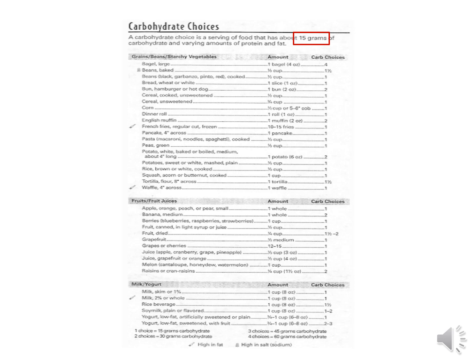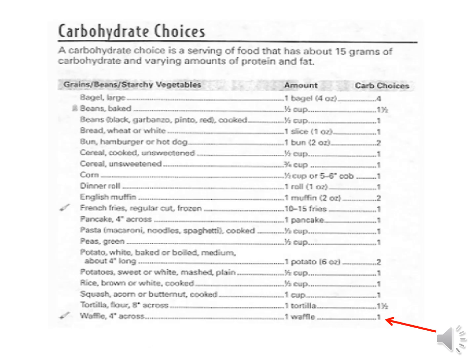And as you notice up there, I've blocked in that each carbohydrate choice is 15 grams. All right. So what you're going to do is go through, and we chose 4 servings for breakfast, so we have to determine what we're going to eat to get those 4 choices.